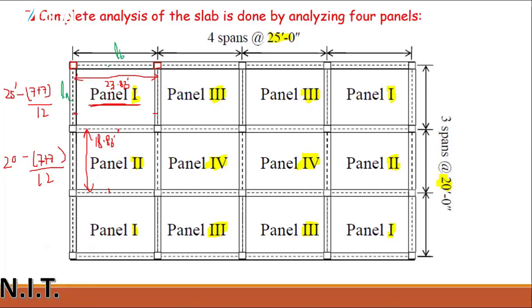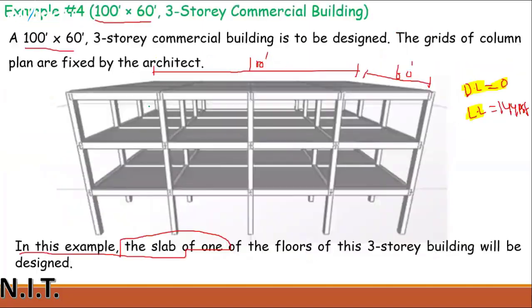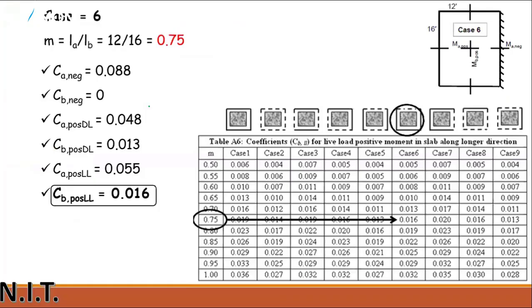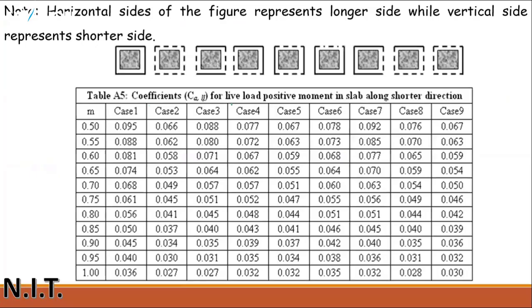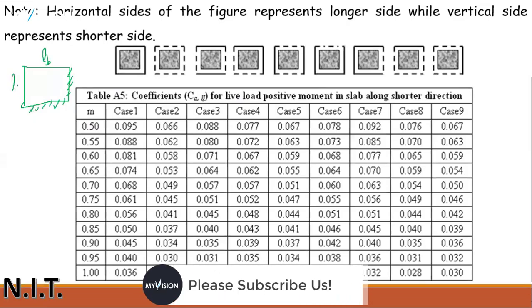If I am considering this panel 1, this side is discontinuous, this side is also discontinuous, and the other sides are continuous. So can you please tell me which case this is?